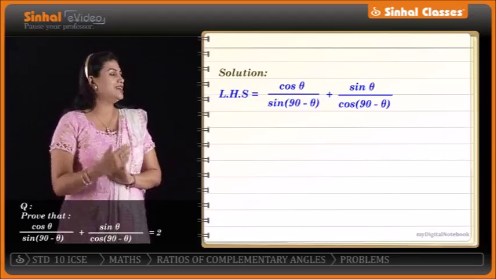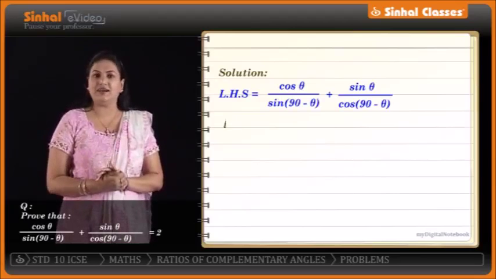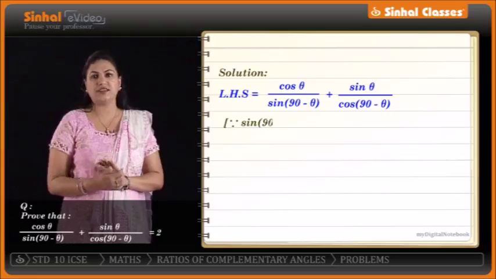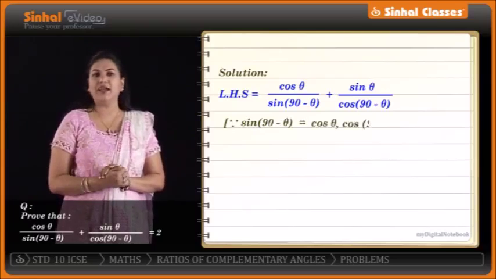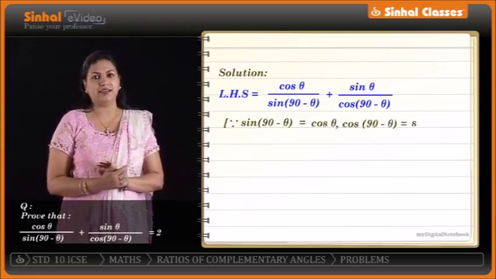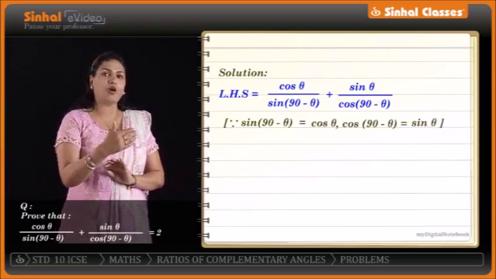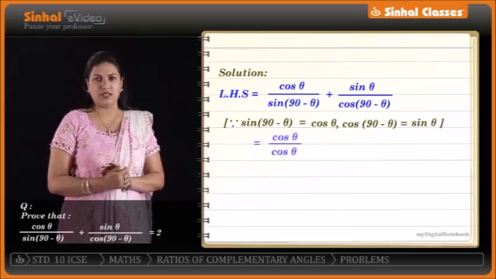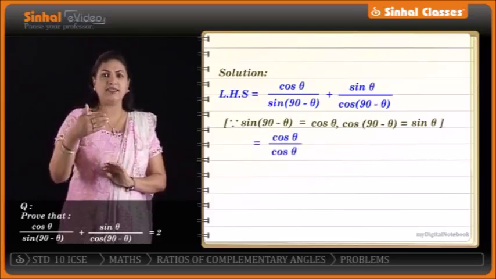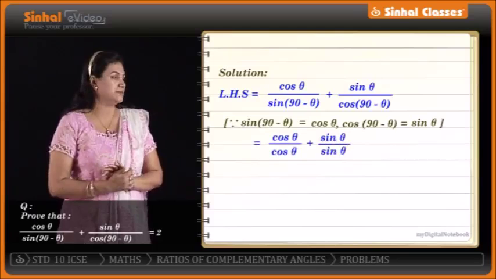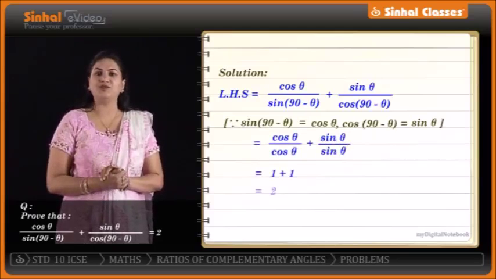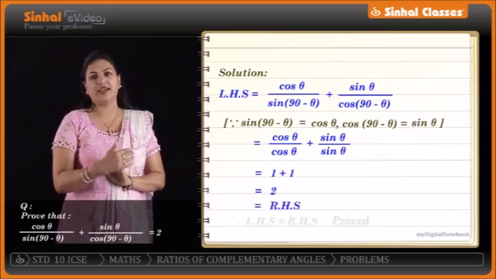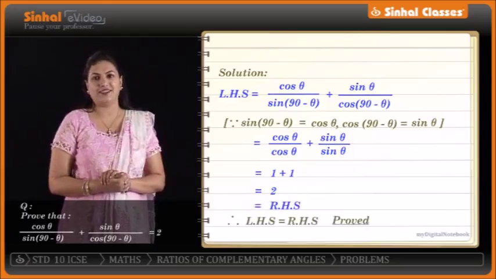Now we write sin 90 minus theta as cos theta because of the formula, and we write cos 90 minus theta as sin theta. So we have cos theta upon cos theta plus sin theta upon sin theta, that is 1 plus 1, which is equal to 2. So we have proved LHS equal to RHS.